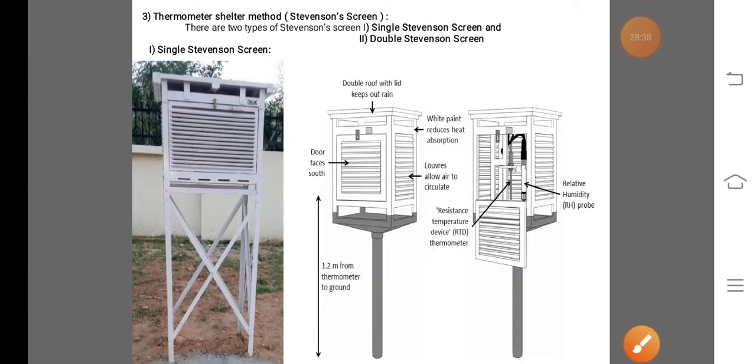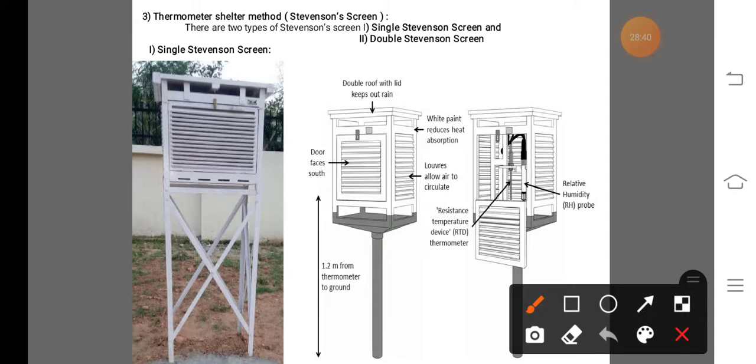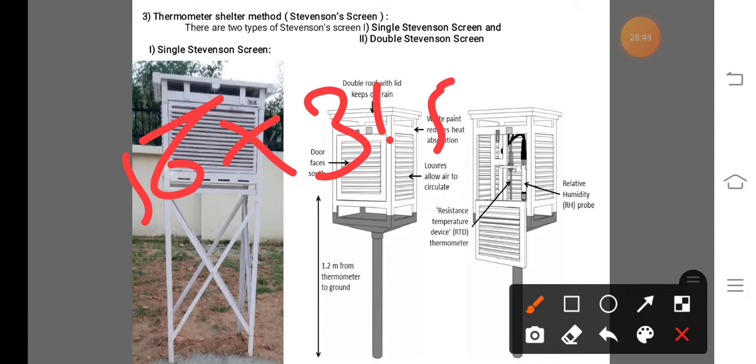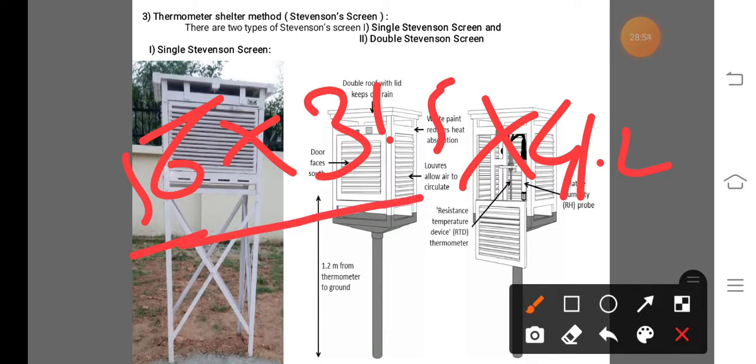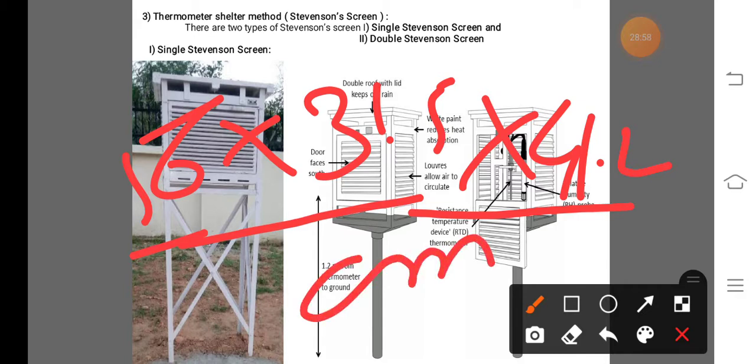That means the dimension of this single Stevenson screen is 56 into 31.5 into 41.2 centimeter. This is the dimension of a single Stevenson screen.